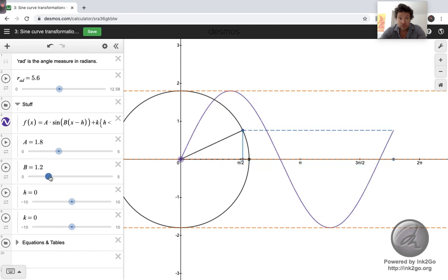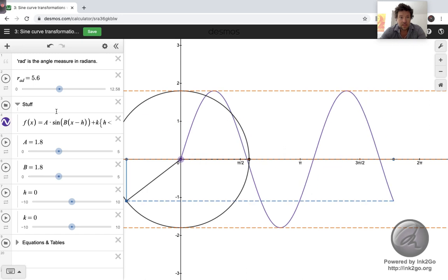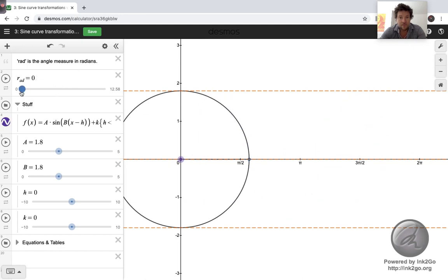Similarly, if I increase the frequency of the function, it's essentially like changing how fast I'm jumping around the circle. So as I rotate just maybe about 45 degrees or pi over 4 radians, I've gone through more of the circle than I normally would have.